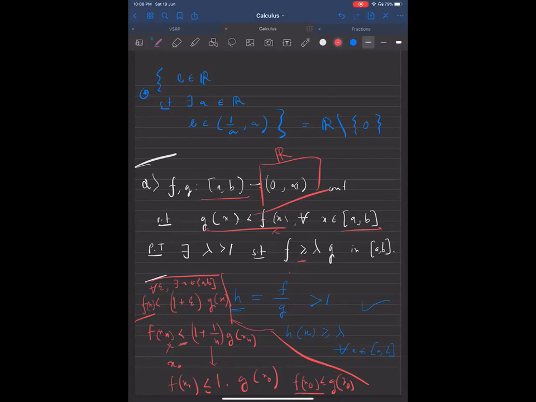And now when you are not giving us closed intervals, then it will make a problem. For example, as a counterexample, you can take this. I will remove this upper part. Then take f(x) to be x, and say g(x) to be x.